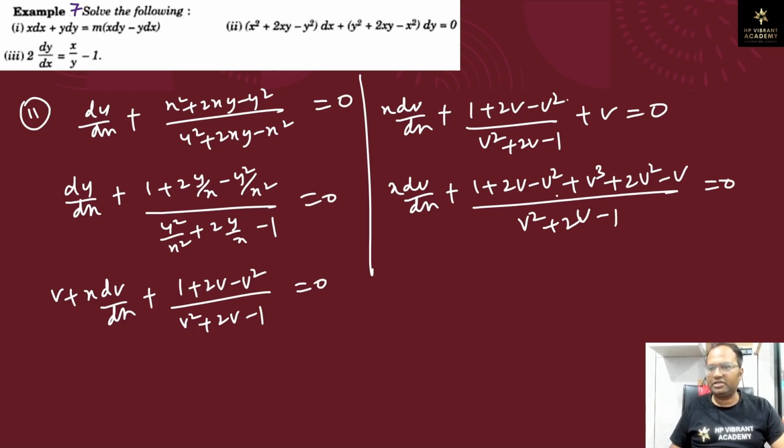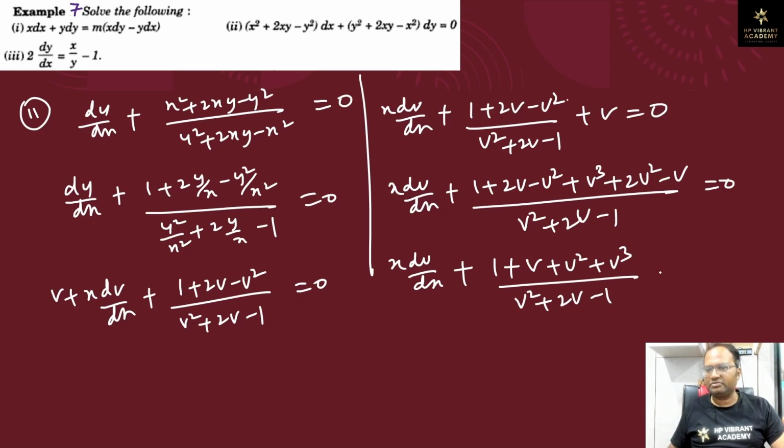So from here, let us further simplify this, x dv upon dx plus 1 plus v square plus v cube upon v square plus 2v minus 1 is equal to 0. So let us further simplify this.